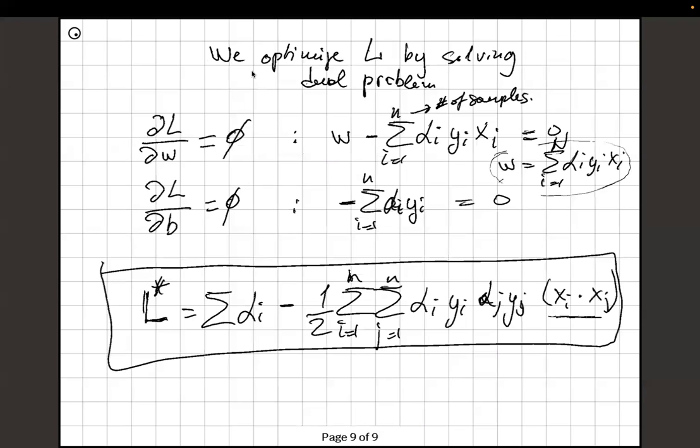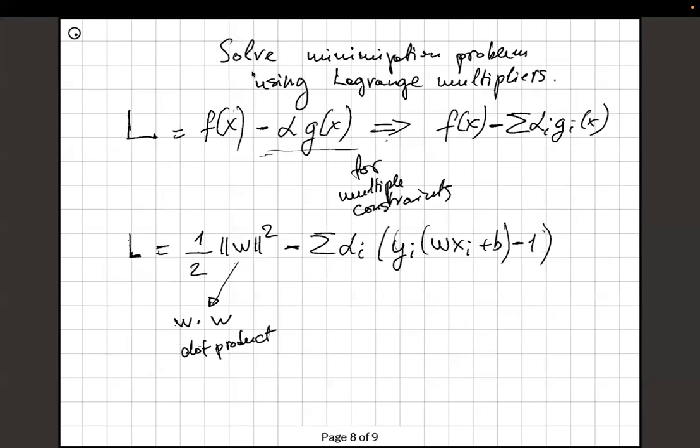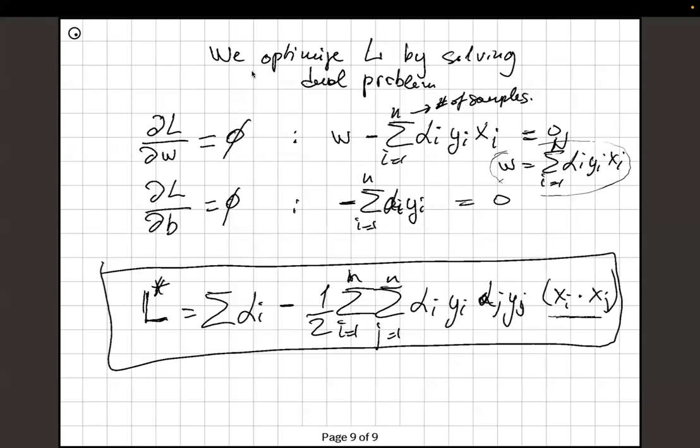So when we take this derivative of this formula here, we get the following. This is the partial derivative with respect to W's, and this is the partial derivative with respect to B. And we make them zero. This is a part of our dual problem definition.